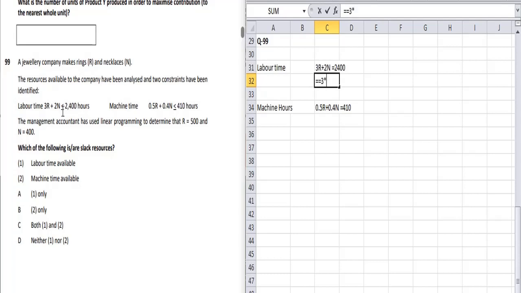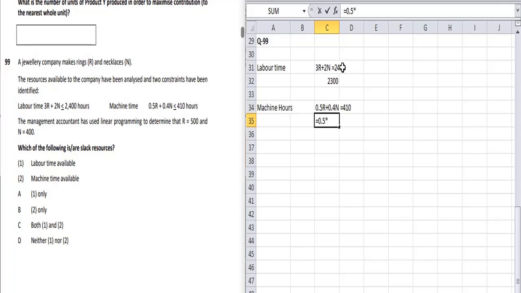So 3r is 3 into 500 and 2n is 400. By putting the values of r and n in this equation, how much did we get? We got 2,300. But how many hours are available? 2,400 hours are available, right? Again we put the values of r and n in the second equation of machine hours.